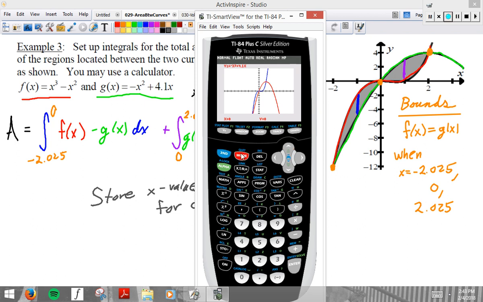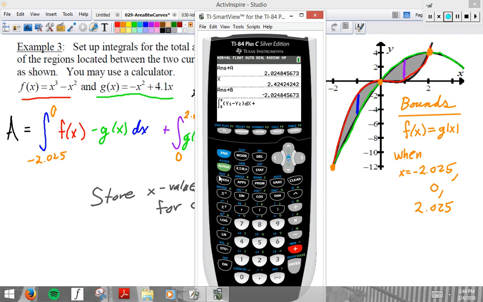Just to be clear how I would type this in, we hit math 9. Now I can just type alpha B here, 0 for the top bound. Alpha trace to get this menu up. Y1 minus alpha trace Y2, using the calculator's function names to avoid any typing errors.